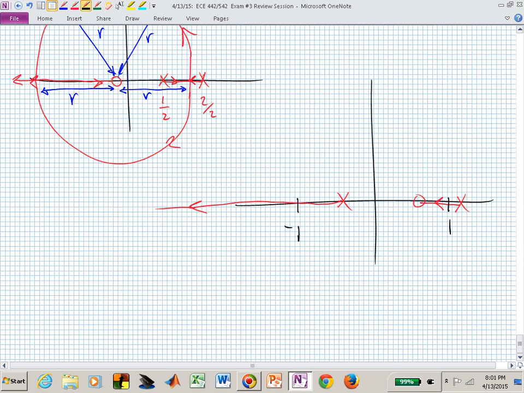What you're hoping is that the gain to get you to that unit circle here maybe only gets you there, and then maybe this guy gets there and this one gets there. Is that clear? That's what you're hoping for.